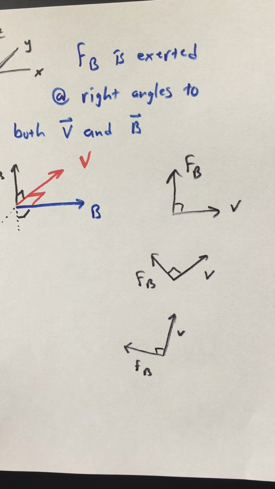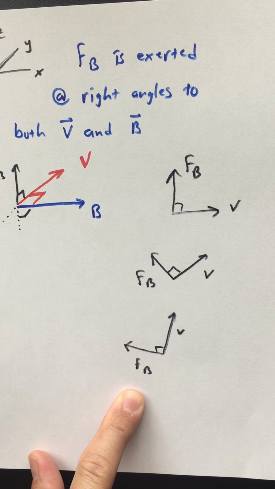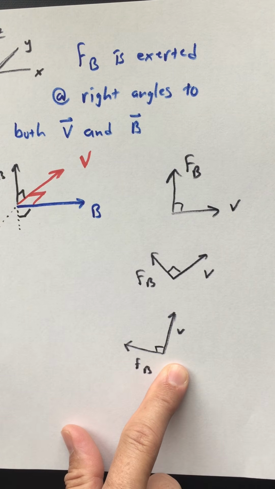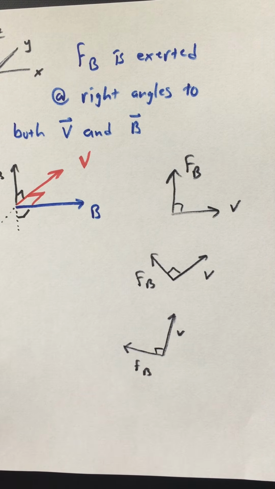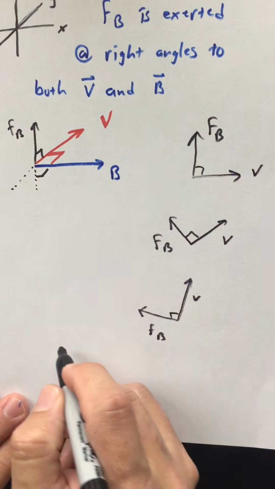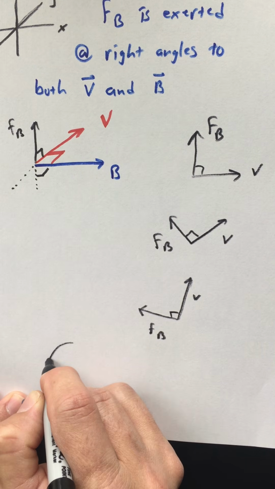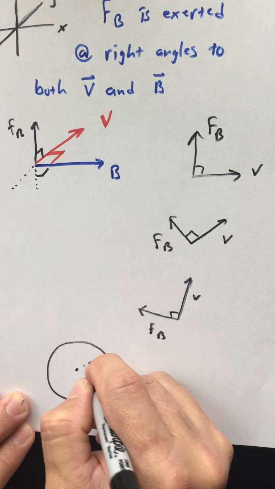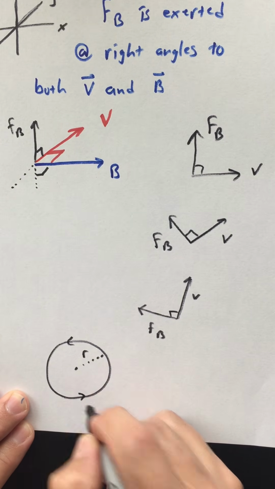Now, you have seen something similar in physics 1. You saw a system in which the applied force on a moving object was always perpendicular to the velocity of the object. Let me remind you what the resultant trajectory of that object looks like. You get uniform circular motion.